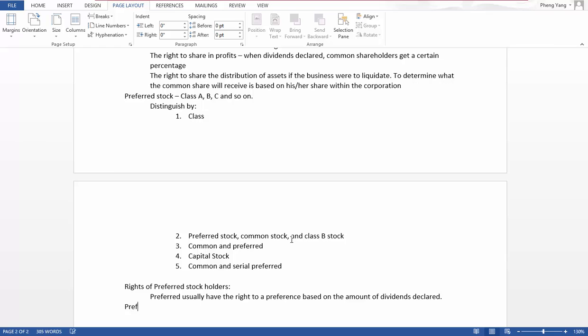So preferred shareholders are paid their dividends before common shareholders receive theirs.